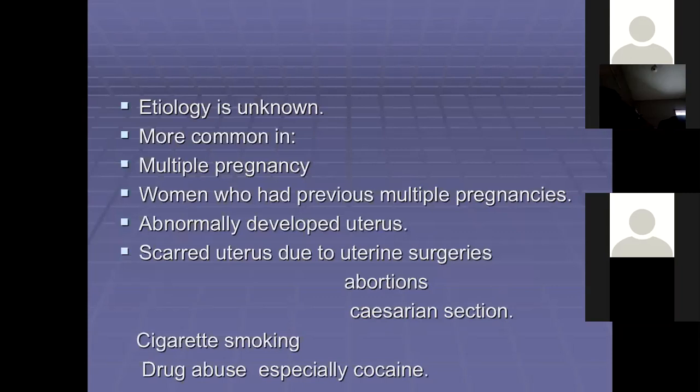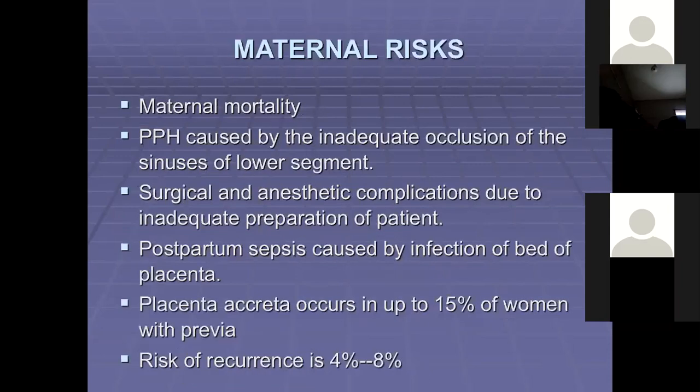Placenta previa is also commonly seen in a scarred uterus due to uterine surgeries, in those patients who have a history of abortions or cesarean sections. In abortions, because of multiple D&Cs, it may lead to placenta previa. Cigarette smoking is also one of the causes. Drug abuse, especially cocaine, can also be one of the reasons for placenta previa.